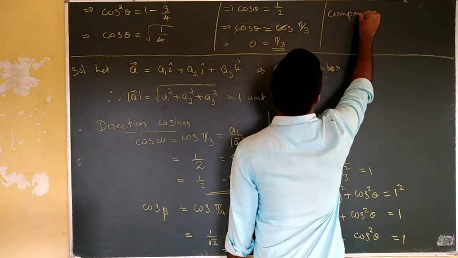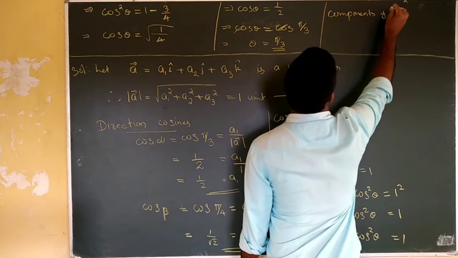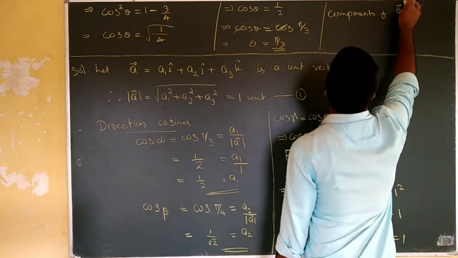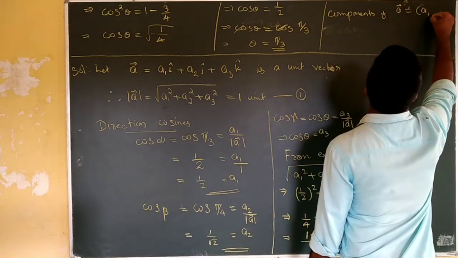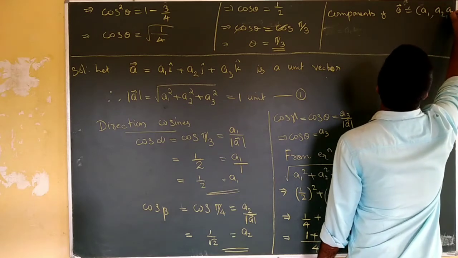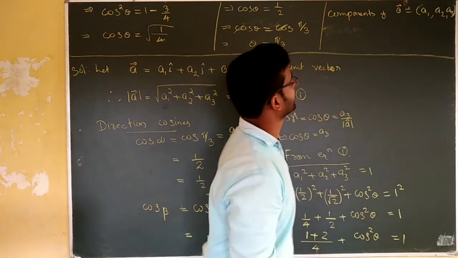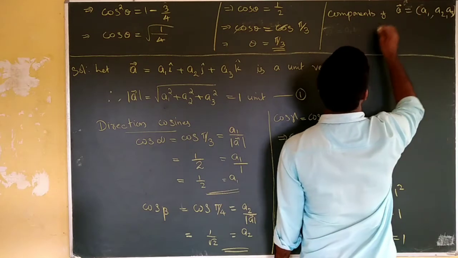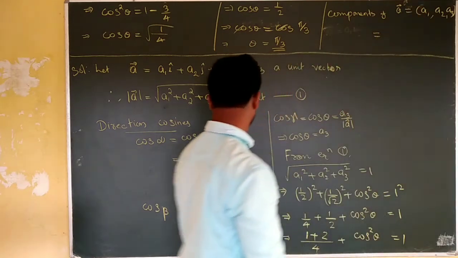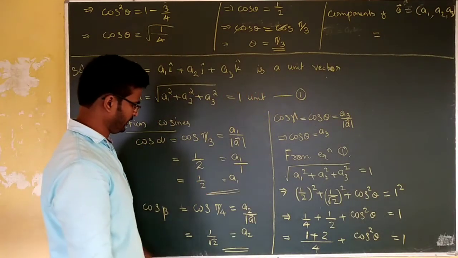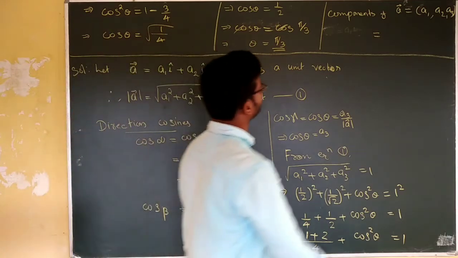Components of a vector, A1, A2, A3. This is the component of a vector. Then in here A1 is, already got it, 1 by 2. A2 is 1 by root 2.